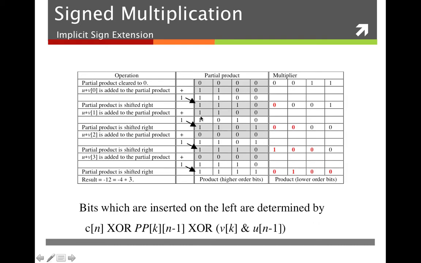Now in the next round, you have this 1 over here and a 1 over there, so that's going to generate a carry, which comes in here. This time we have a 1 in here because this is a partial product that needs to be sign extended, and this is also equal to 1 because we're still having a 1 1 1 1 1 0 0 pattern, because the second bit of our multiplier is still 1, as you can see.